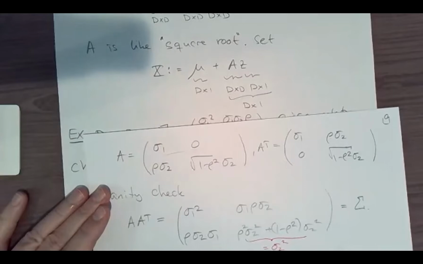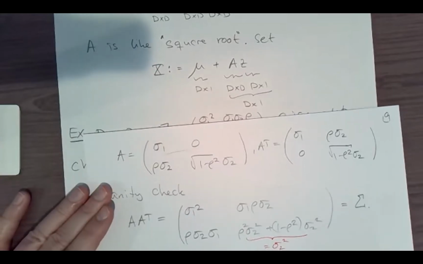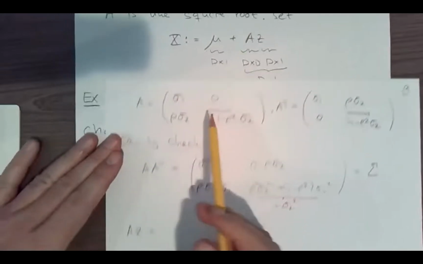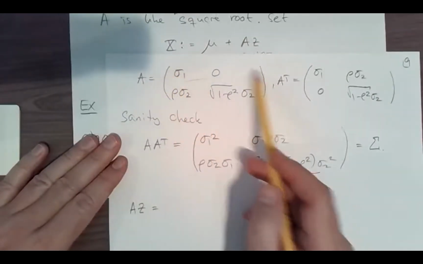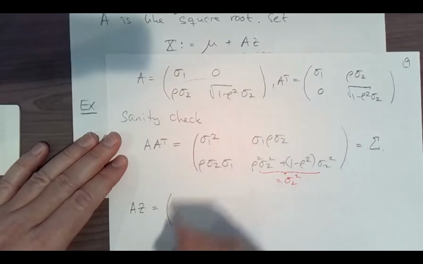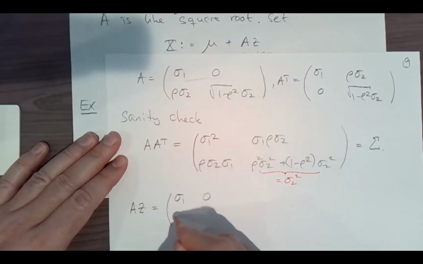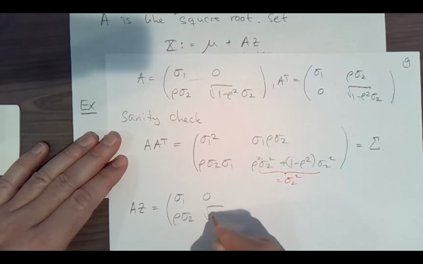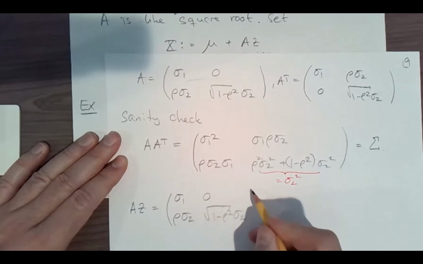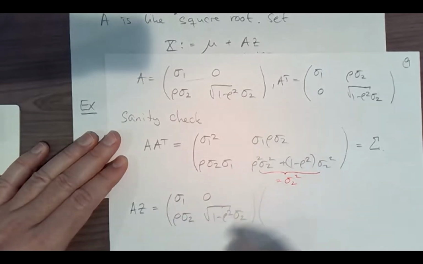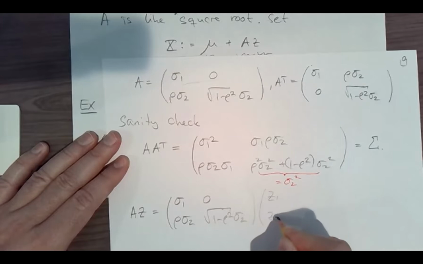If I were to look at A Z, that would become the matrix I had for A, the lower triangular matrix, sigma 1, 0, rho sigma 2, square root of 1 minus rho squared, sigma 2, times Z, my independent standard normals, Z1 and Z2.